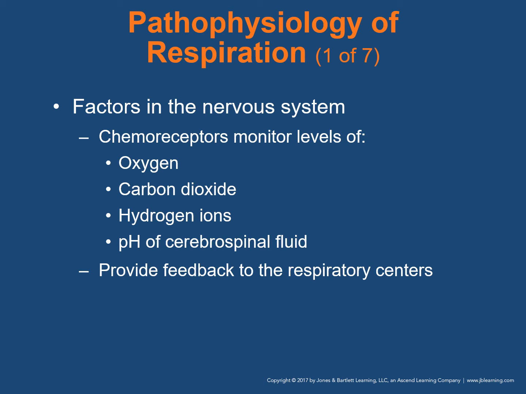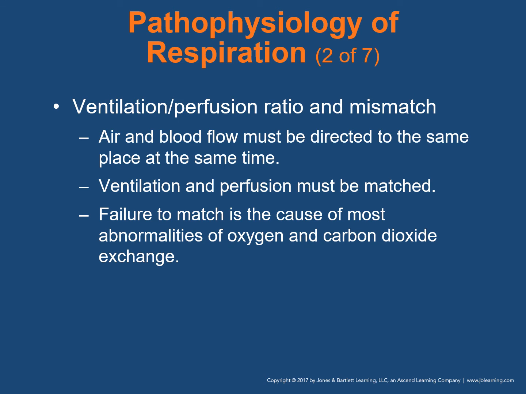And chemoreceptors are going to monitor the levels of all of those items there, your oxygen, your carbon dioxide, the pH balance, and it's going to send that feedback and those levels back to the respiratory center. When there is a mismatch, when it's too low or too high, then we're going to have a fix.